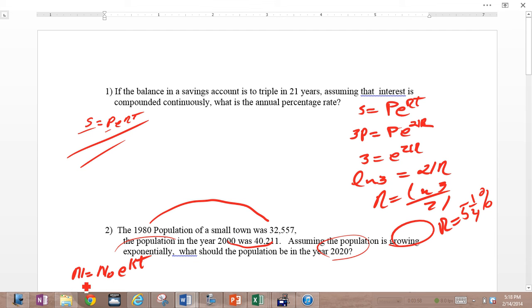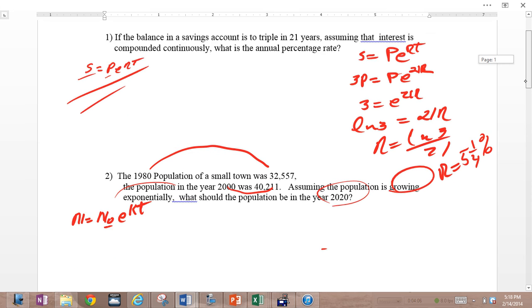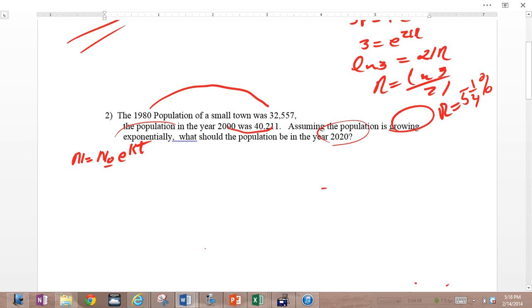Future population is equal to the initial population times e to the power kt. Our 1980 population, I don't care whether it's 1980, we're going to call it 1980 year 0. Year 0 has a population of 32,557. 20 years later, year 20 has a population of 40,211.